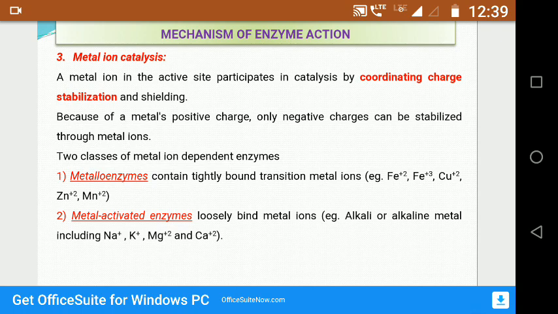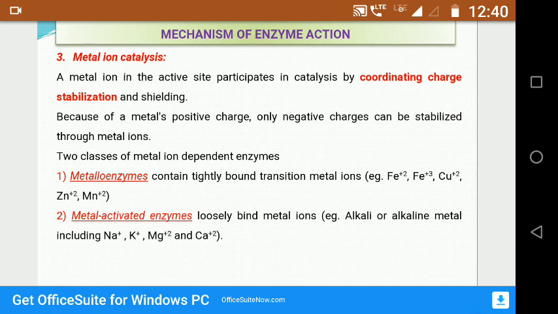First one is metalloenzyme. Metalloenzyme means the enzyme which binds a metal ion very tightly, so that the metal ion cannot be removed from the enzyme. It is permanently bound to the enzyme. So those enzymes are called metalloenzymes.